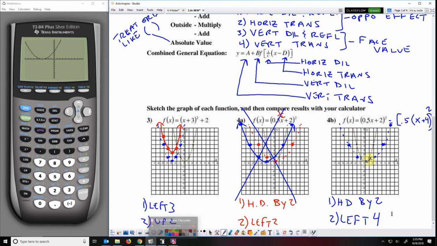But now I need to shift everything left 4. So it looks more like that, and that matches what I've got in the graph. So we've got to be careful when we have a horizontal dilation and a horizontal translation. We have to factor out that dilation.